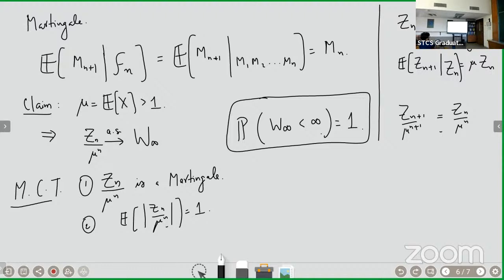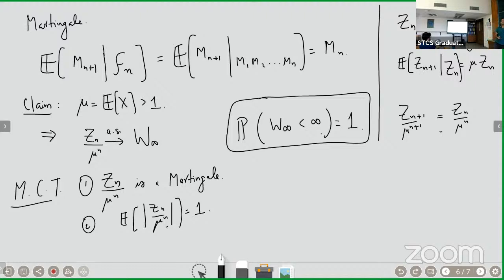Don't think about the math. Think about the physical process, the branching process. When mu is smaller than 1, what is the ratio of Z by mu to the n you should think of? Mu to the n will go to 0, right? Z will go to 0 as well.